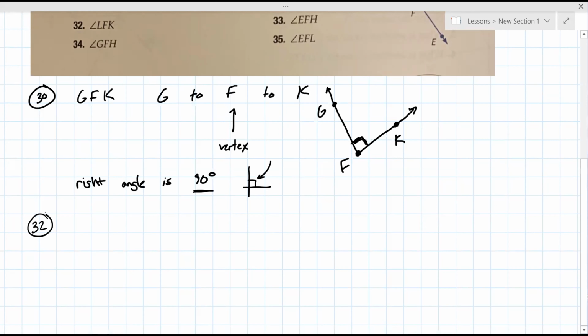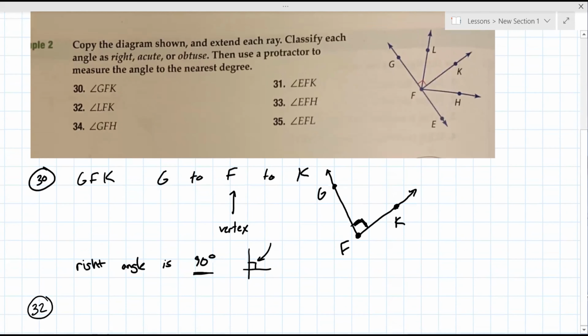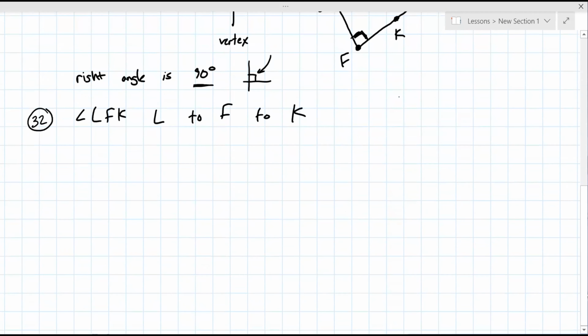32 says angle LFK, which I read as L to F to K. So that's this one kind of up in this region up here. And I'm not going to draw the other one, but if I do it as a dotted line here, this is a 90-degree angle, this right angle here.